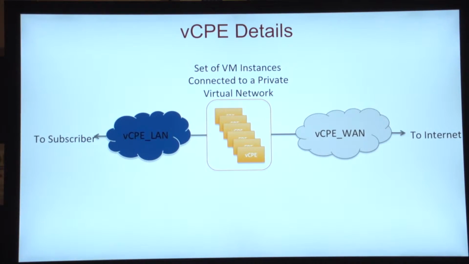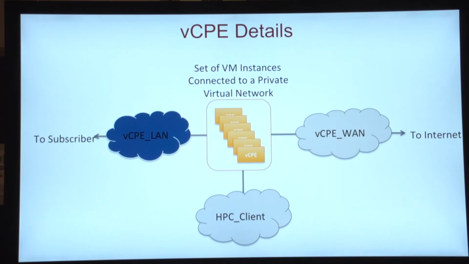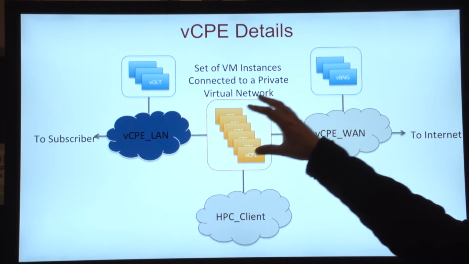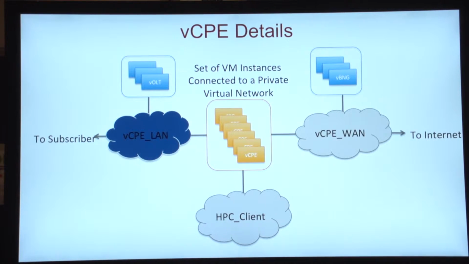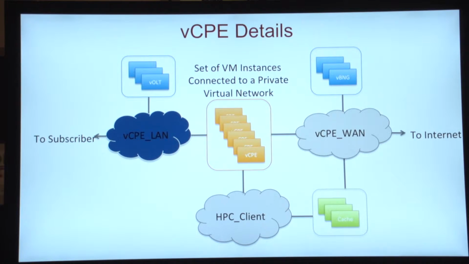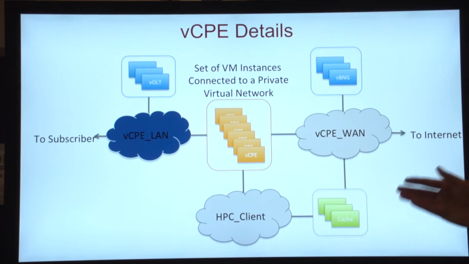And we have a HyperCache client, which allows us to serve cached content to the subscriber. Each of these virtual networks is then controlled by an application running on top of ONOS. And we have another application which interconnects two virtual networks. On one side, it's connected to the HyperCache network, which allows us to serve content to the subscriber. And on the other side, it's connected to the internet, where we can prime the cache with content.